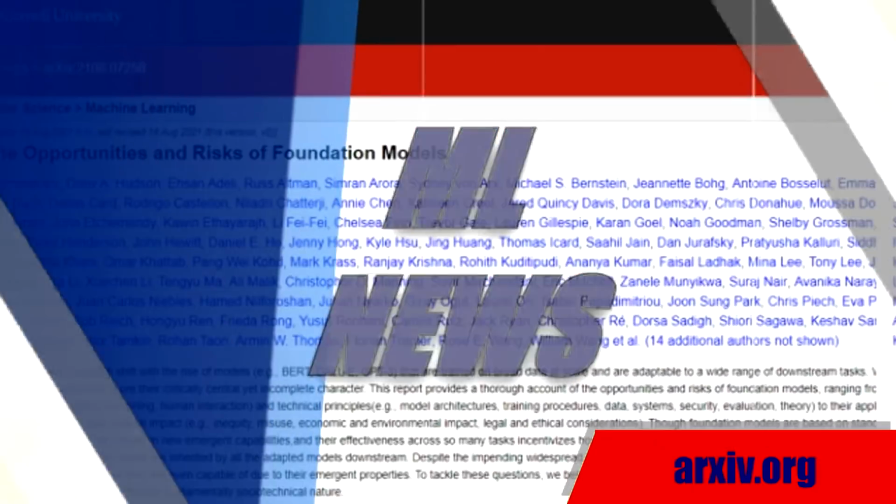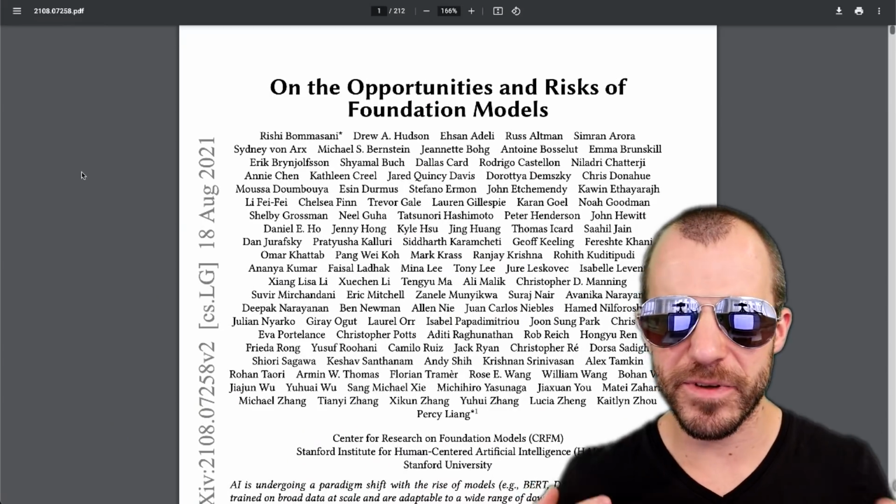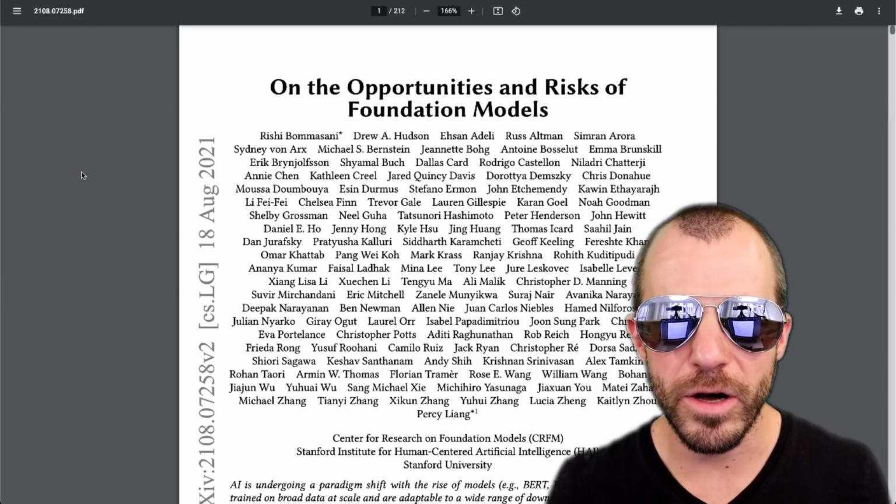There's a new paper called On the Opportunities and Risks of Foundation Models by everybody at Stanford. Every person had a say in this. There are many authors to this paper, and it's sort of a position paper on what they call foundation models. Now, a few things. What it actually is, is mostly a literature review.